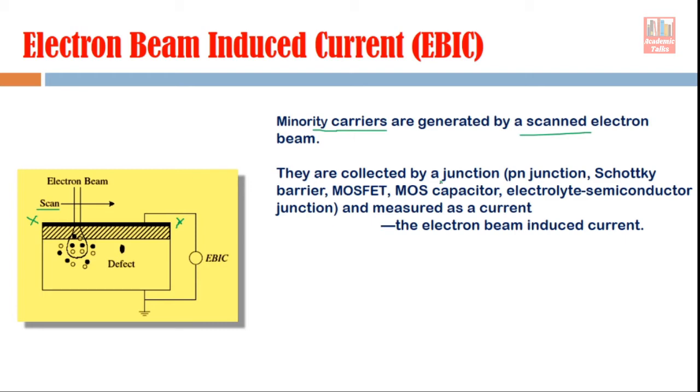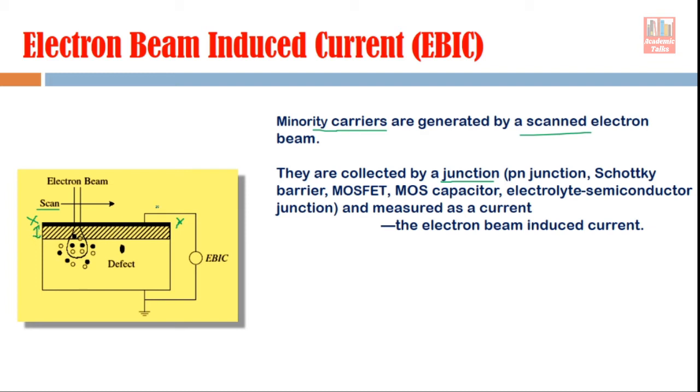You can see here these dashed lines, that is a junction, and it has a space charge region, which means there is a strong electric field present in this portion, right.